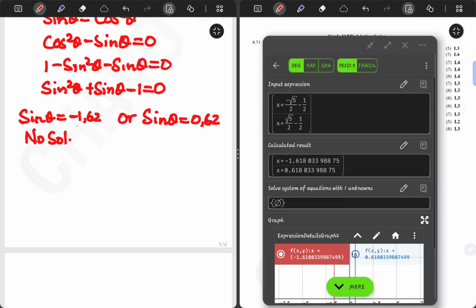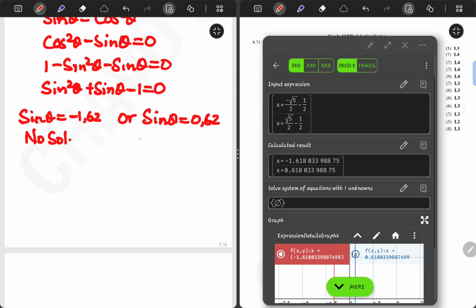So for us to have negative 1.62, it means we're talking about a number below negative 1. That's why if you try to find the reference angle of this, you're going to get undefined. So this one will be no solution. You can check wherever you are, you'll see what I mean.